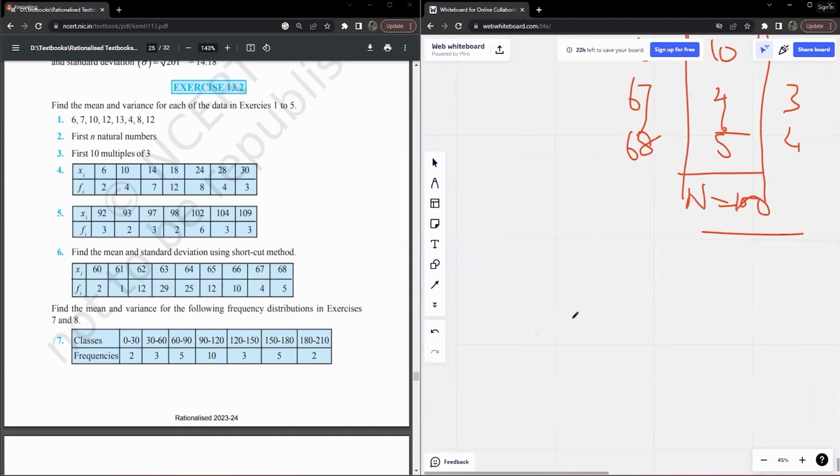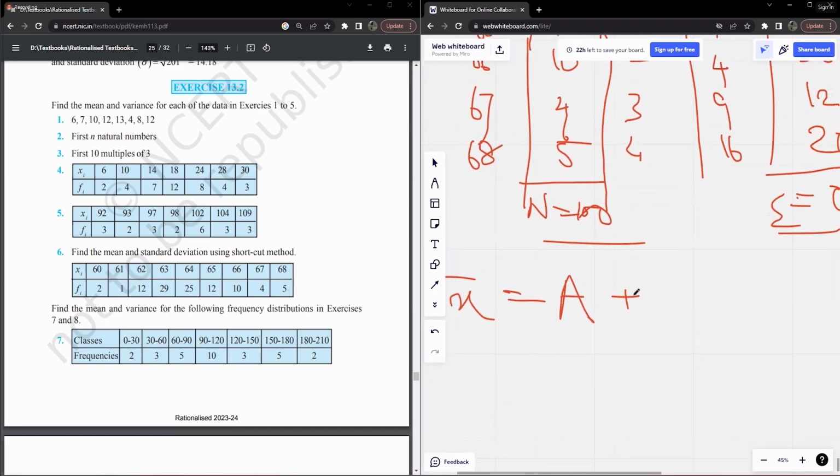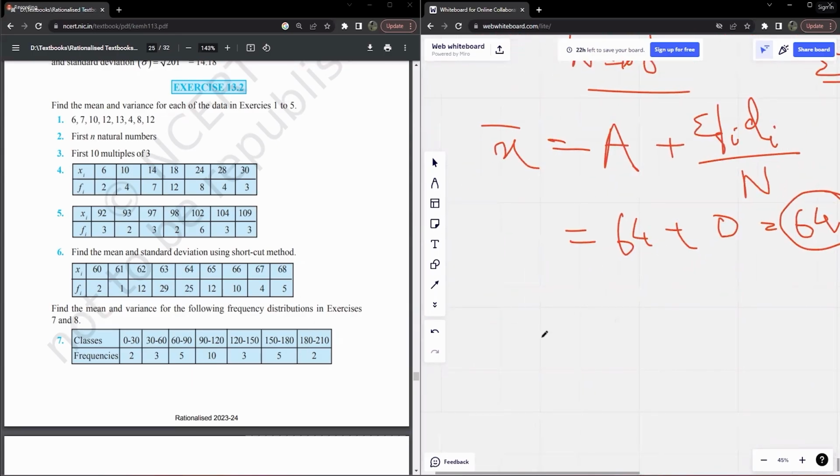Finally, using the shortcut method, your x bar is equal to a plus sigma fidi divided by n, which is 64 plus 0, which is 64.7.